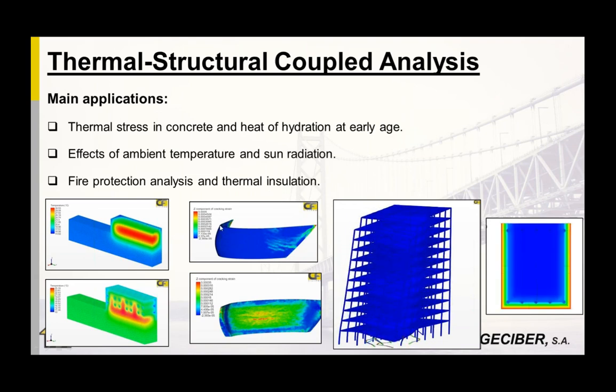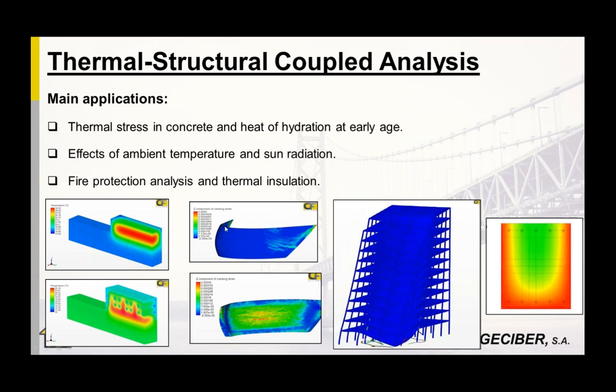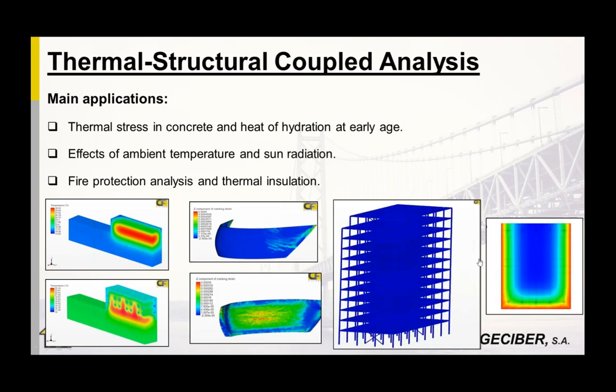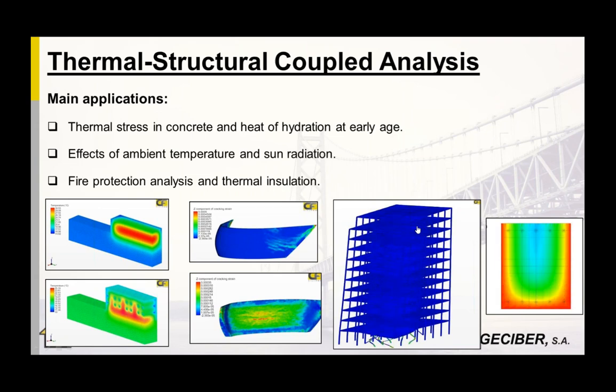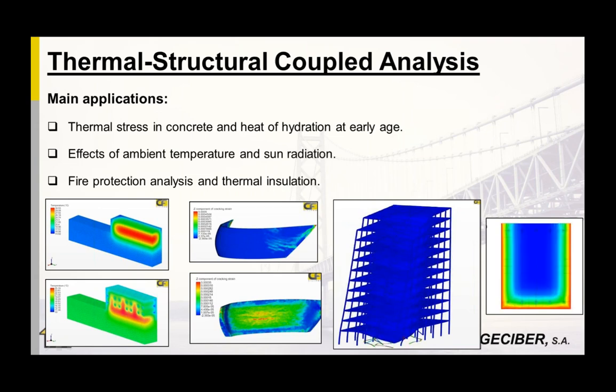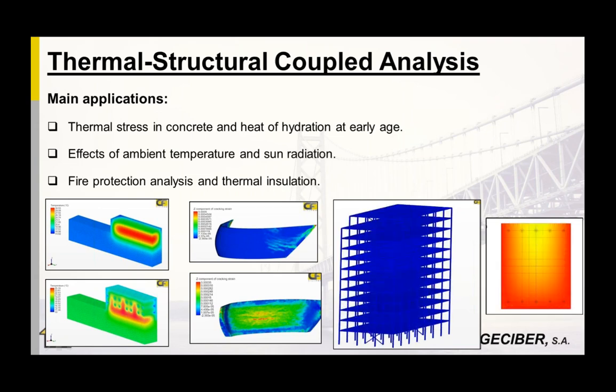This model is a dam with only ambient temperature, and these are two analysis models. So these are the main applications that could be used for this thermal structural coupling analysis.